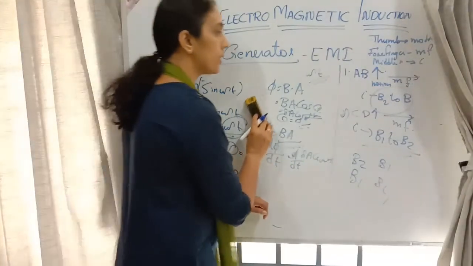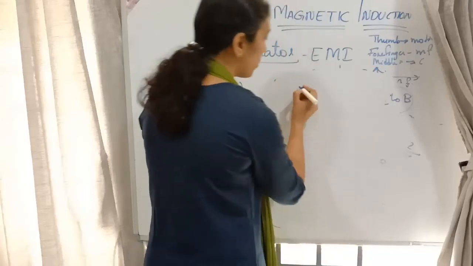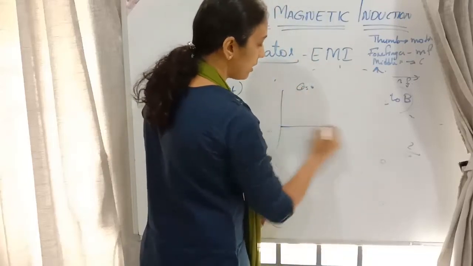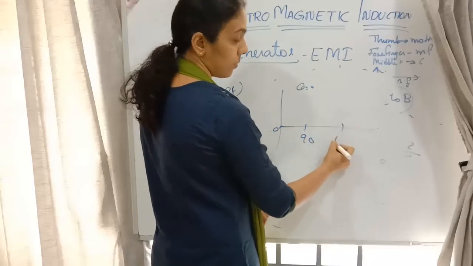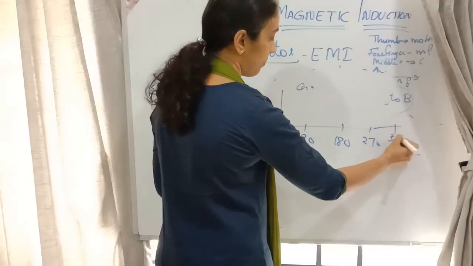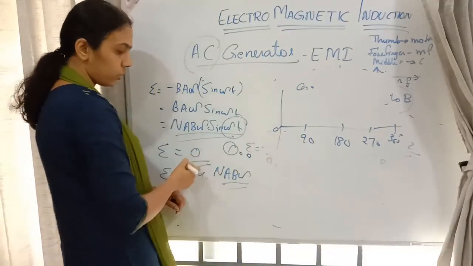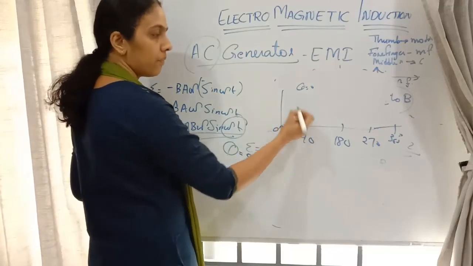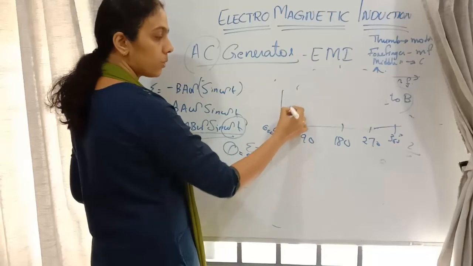If we represent the whole thing in a diagram, this is 0, this is 90, this is 180, 270, and here it is 360. In the EMF chart, when theta equals 0, EMF is 0.